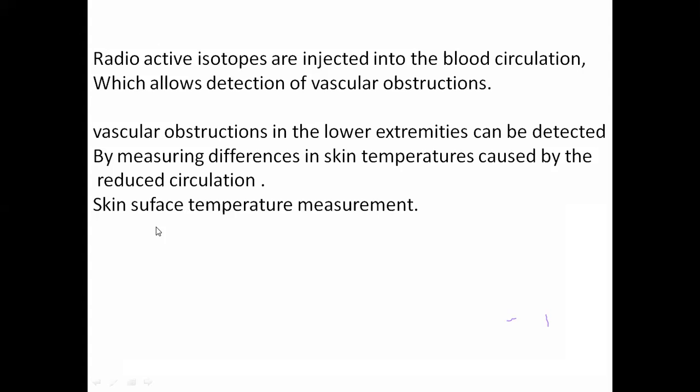So with skin surface temperature measurement, we can identify the difference in skin temperature, and from that we can detect the obstructions. This is another method, by measuring the difference in the skin temperature, which changes due to changes in the blood circulation.